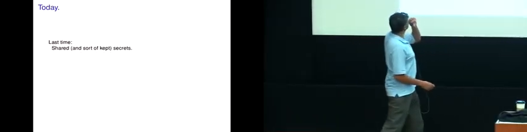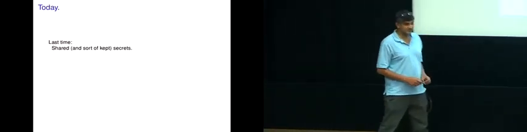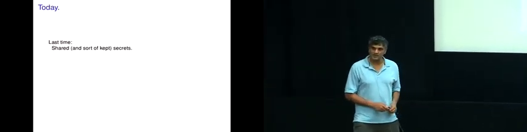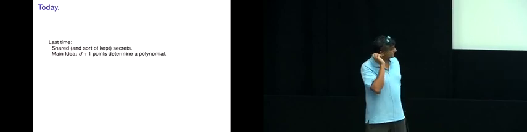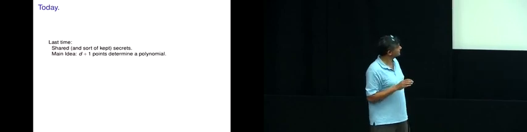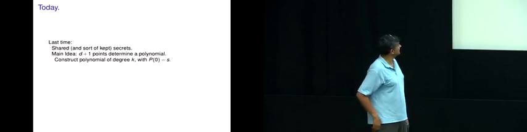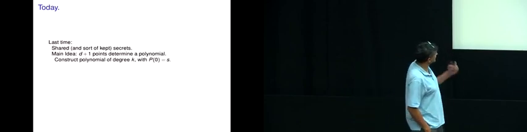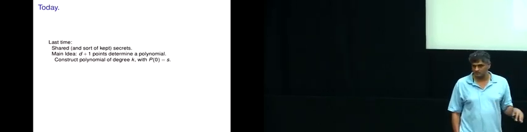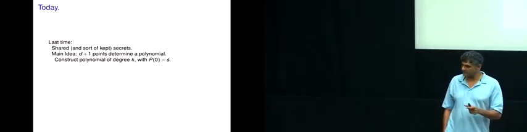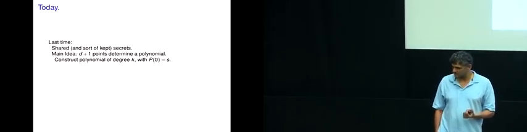So last time we shared and sort of kept secrets, right? That was the idea last time. What we did is we showed how the idea was a polynomial. D plus 1 points determine a polynomial. You construct a polynomial of degree k. You're trying to share the secret among n people, where any k of them can reconstruct the secret.